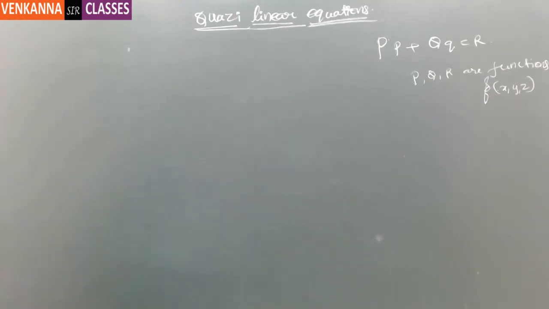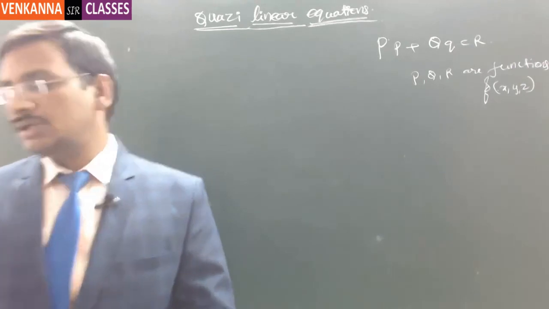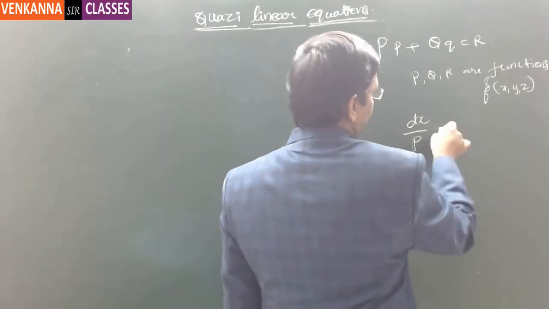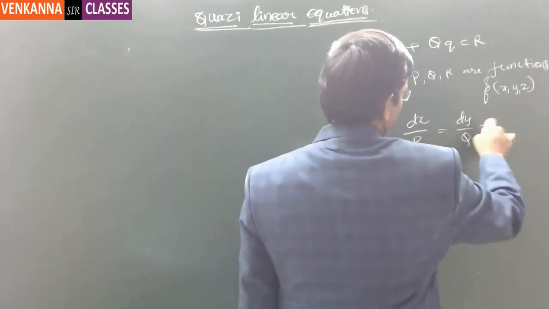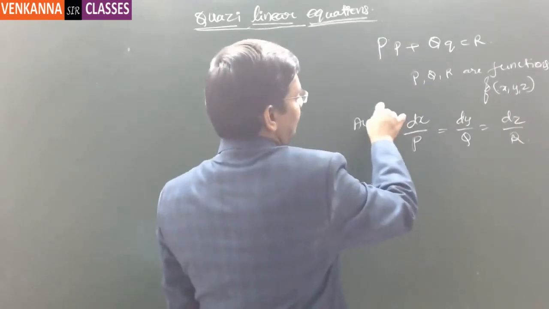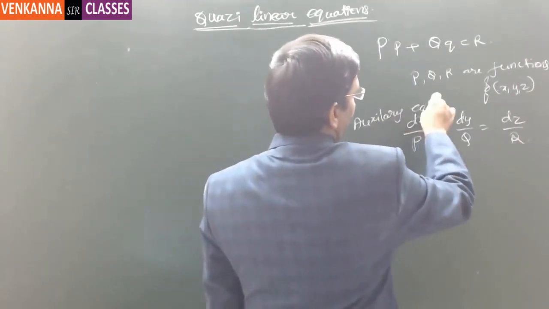Note down one more. For this kind of equation, the solutions are straight away dx by P is equal to dy by Q is equal to dz by R. Now this is the auxiliary equation, and for this auxiliary equation, find the solution.